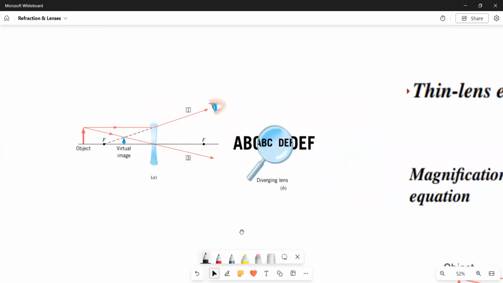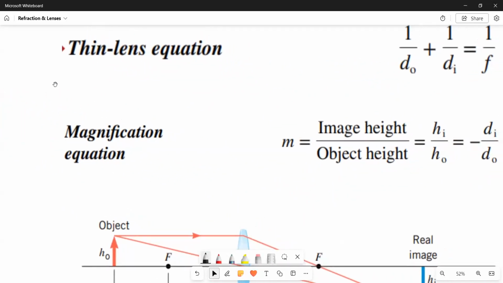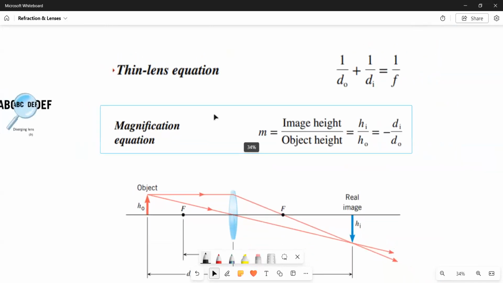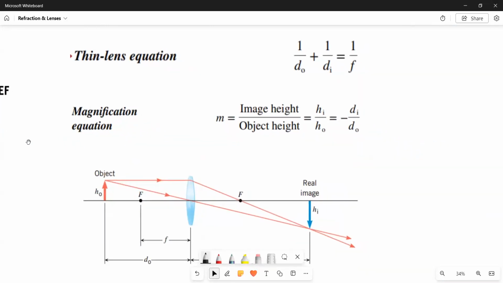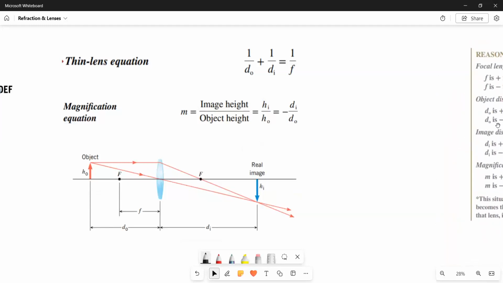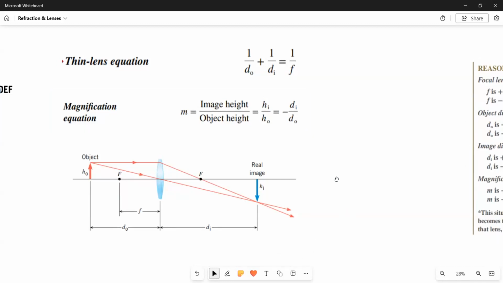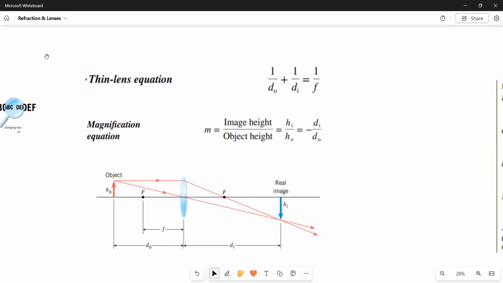Good. So we want to go to the lens equation. Can you see here?